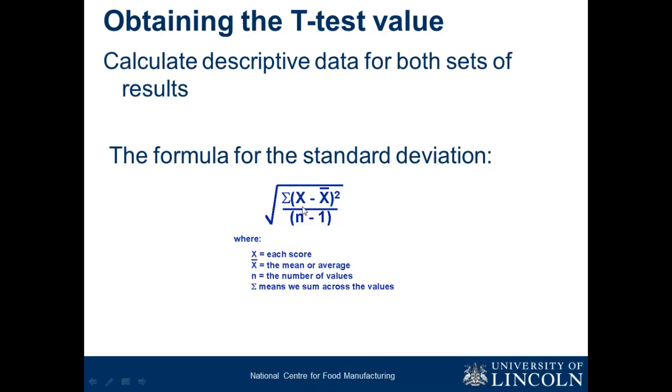This is the variable, and this is the mean of the data in that variable. Now x is each score, and this is the mean or the average. Then n is the number of values, and summation means we sum across the values. That's the meaning of that sign, summation.